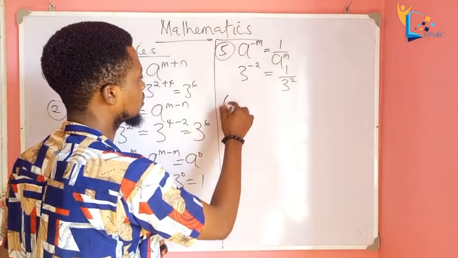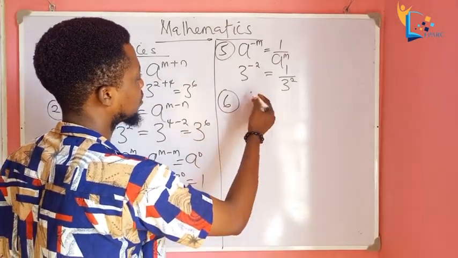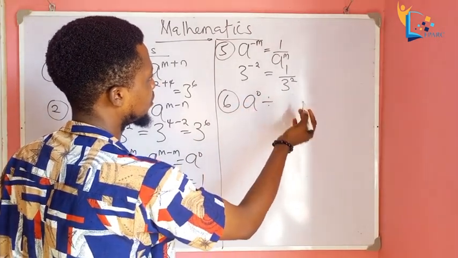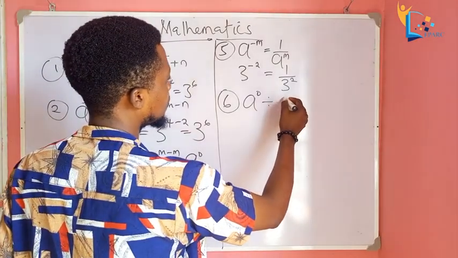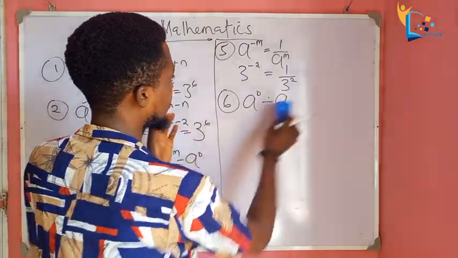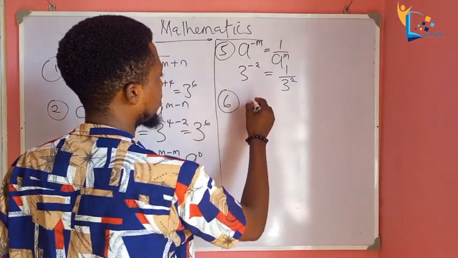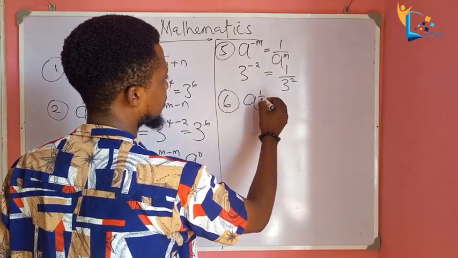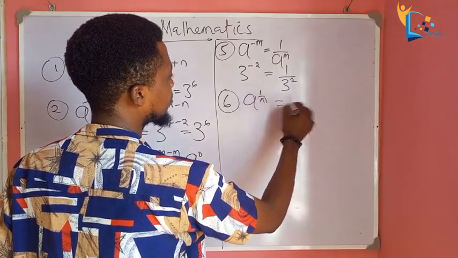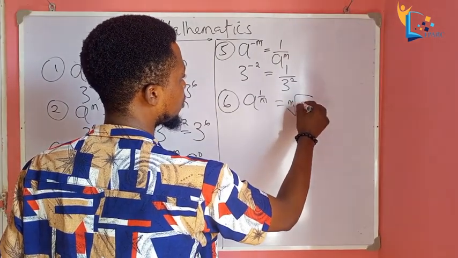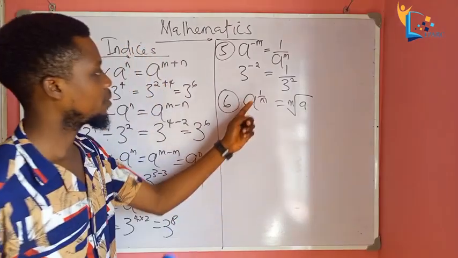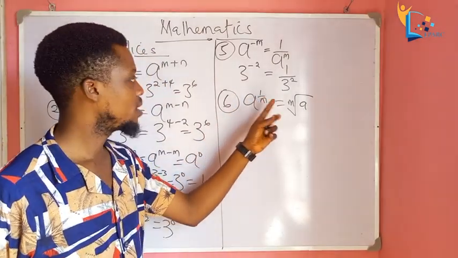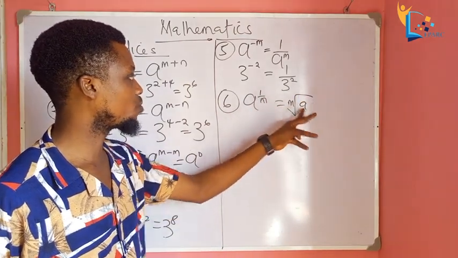Law 6: a raised to power 1 over m is the same thing as saying the m-th root of a.